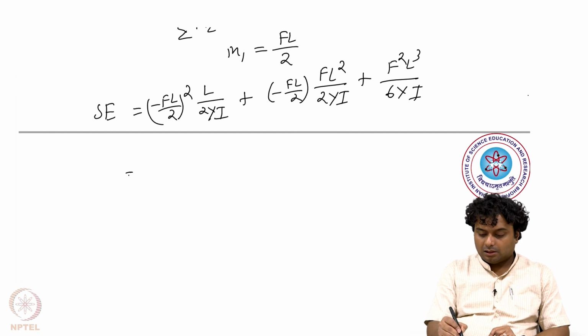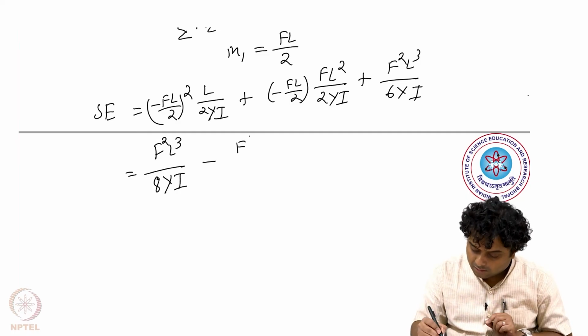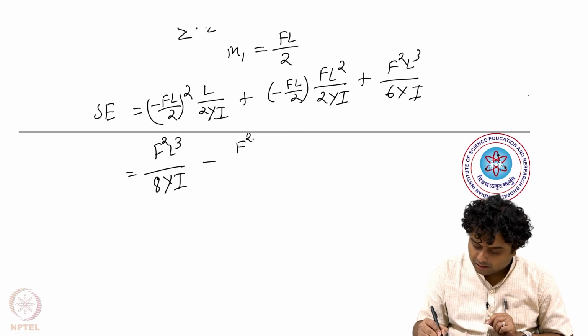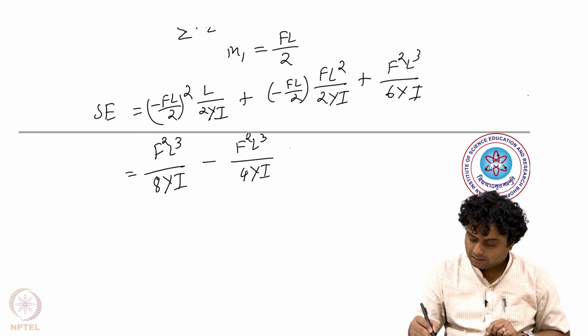This gives F square L cube divided by 8YI, minus F square L cube divided by 4YI, plus F square L cube divided by 6YI, right?